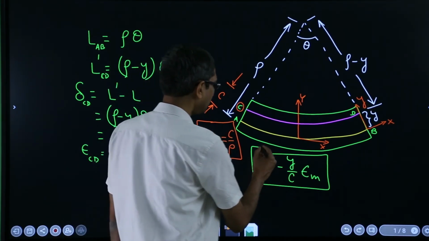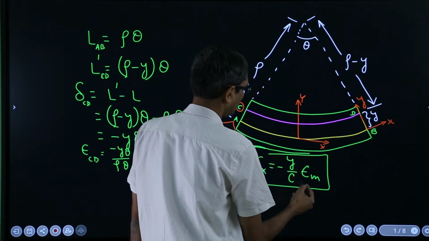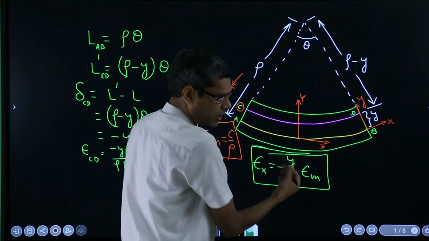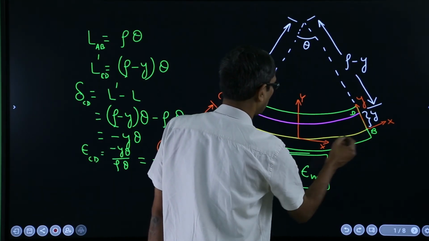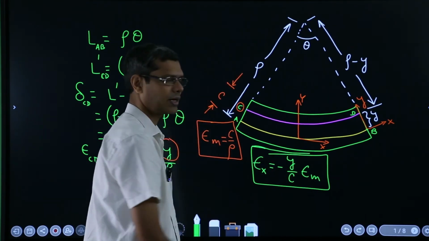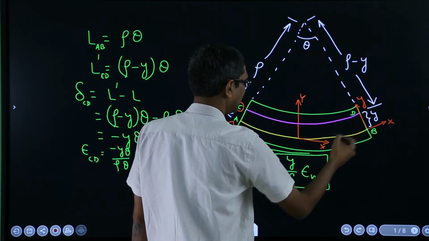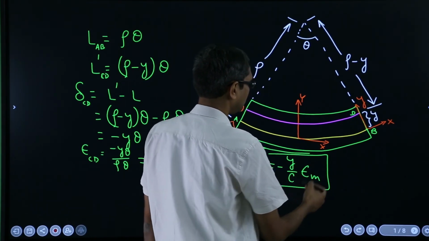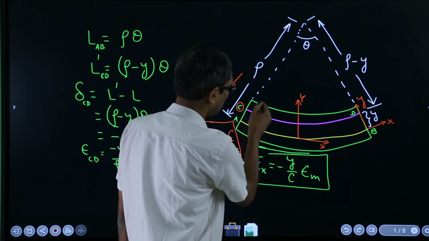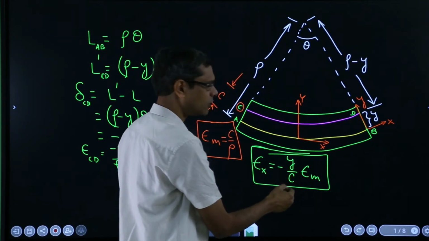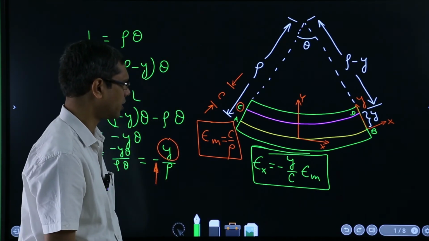So what it tells you is how the distribution will be. y is equal to 0 on the neutral axis, so obviously the strain is 0, and as we move in this direction, this value increases linearly, because once we go to the extreme fiber where y is equal to c, the strain will become the maximum strain epsilon m.